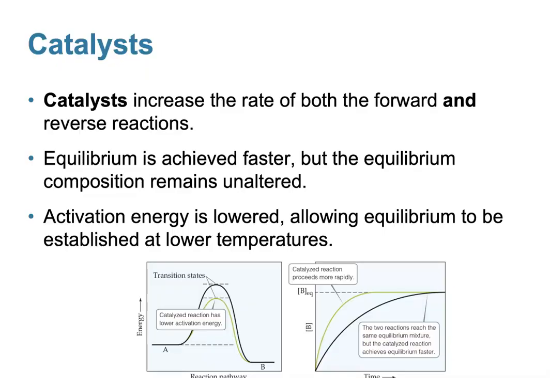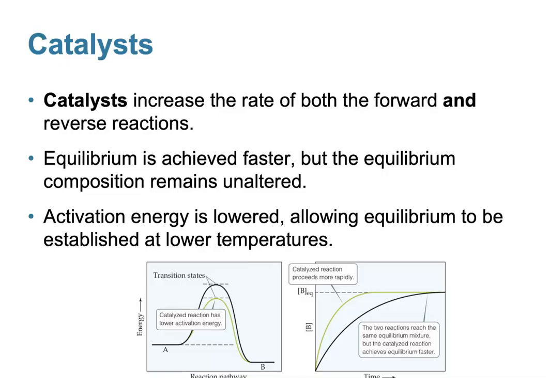So remember, a catalyst is something that reduces the amount of activation energy. So it reduces the amount of energy needed to get to that transition state or intermediate state. So your reactants are usually at A, your products at B, if this is a forward reaction.